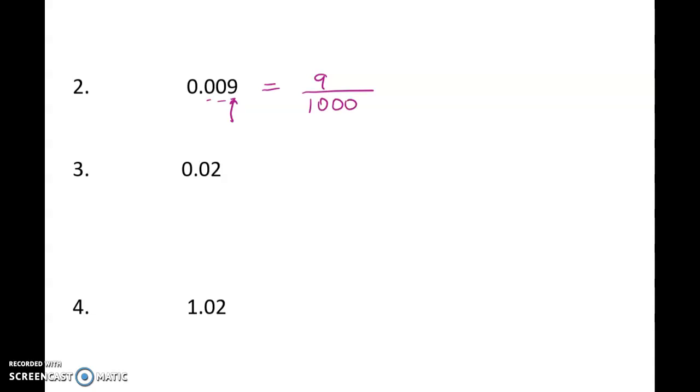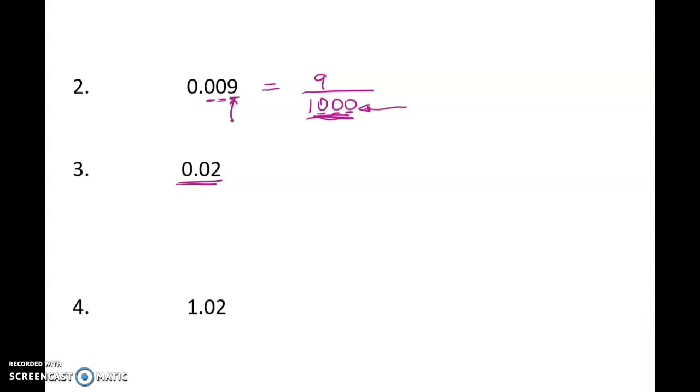Remember from the powers of 10 video that here we've got 3 zeros, we're at thousandths and we're 3 columns over. The factors of 9 are just 1, 3, and 9. 3 and 9 are not factors of 1,000, so we can't go any further. That's my final answer.